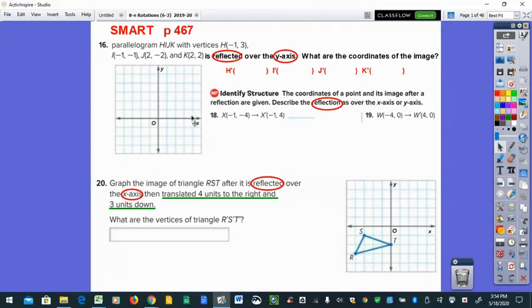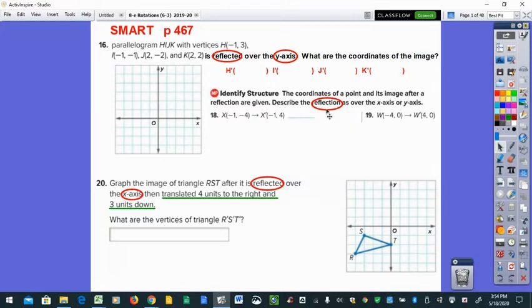You could plot those 4 points, use the axis of reflection, and move them in the opposite direction. Or you could simply go from this coordinate to its reflected coordinate, talking about the technique that we used in the last video. That's kind of the way a video game or an animated movie would do it.